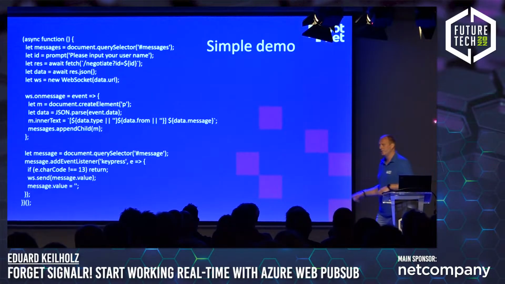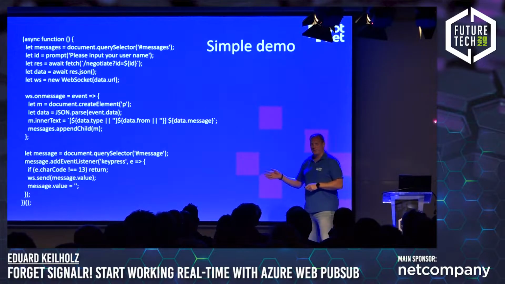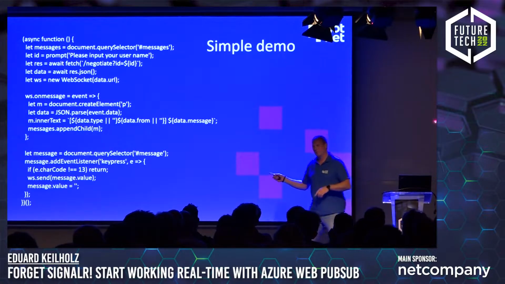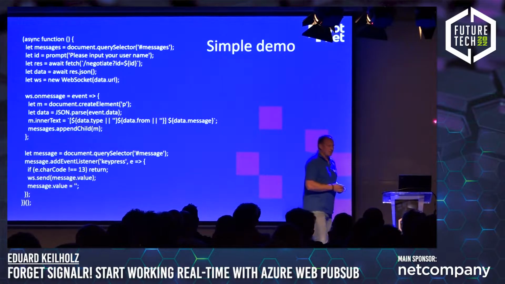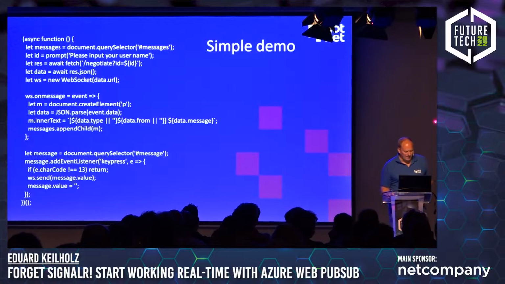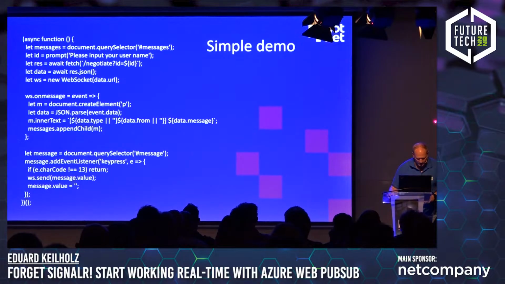Obviously, not all demos about real-time are about a chat message, and we're going to do something fun later at the end of the session. But I believe that these demos about chat applications are not that fun because it's not very special. But I'll show you.